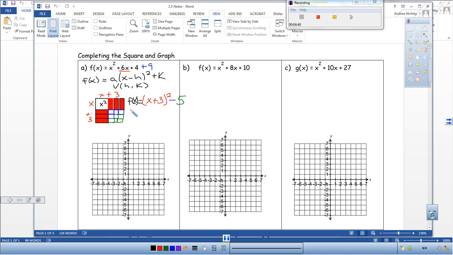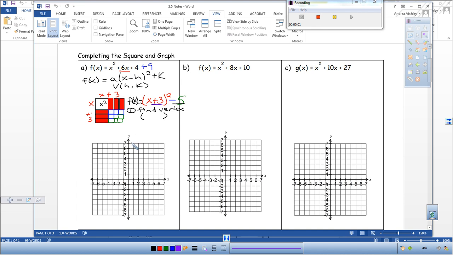Now let's review. The first thing I need to do is find the vertex. Okay, remember the vertex comes from this and this.